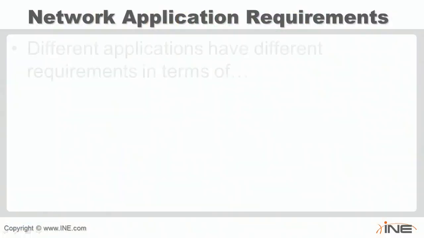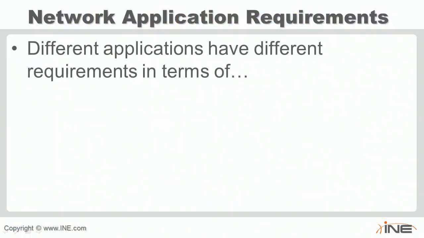And the reason why is that different applications are going to have different requirements. We could break this down into a couple of general attributes, one of them mainly being bandwidth, or essentially how much data we can send over the network at any given time.